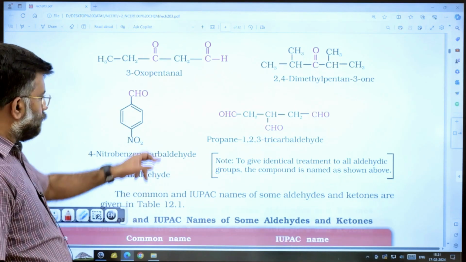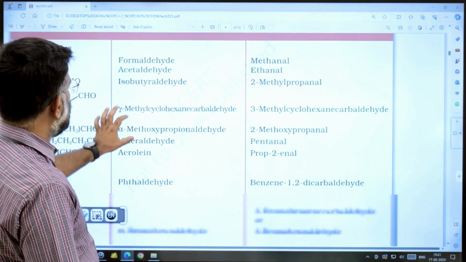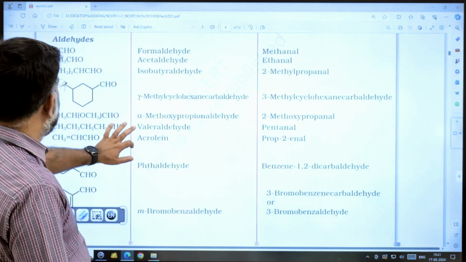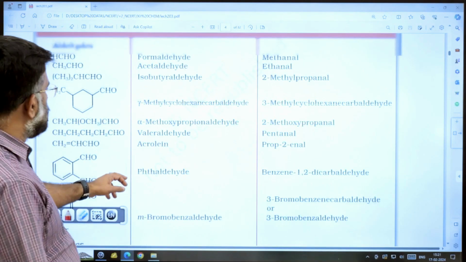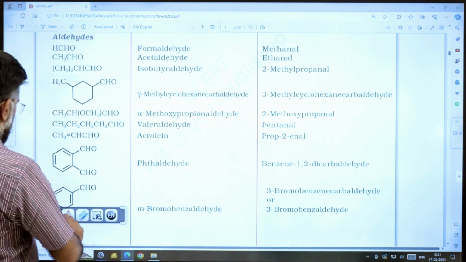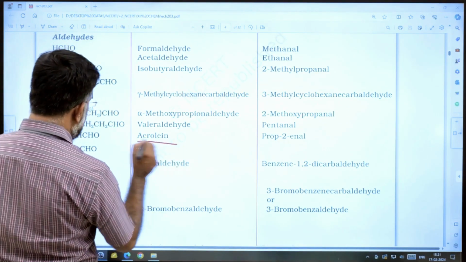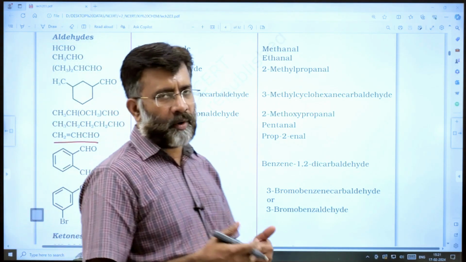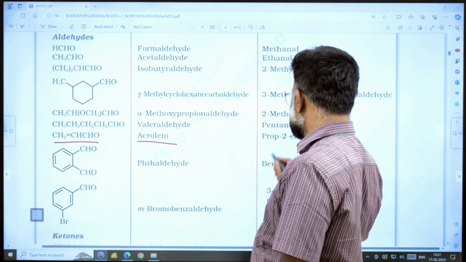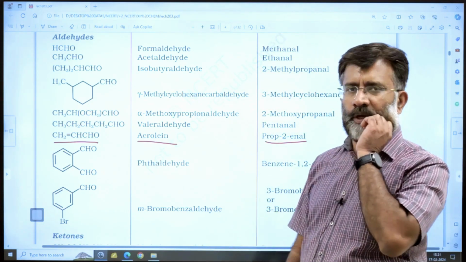And there are more examples in the table also. All are known examples only. So you may try practicing all these. Just have a look at acrolein, propenal. Not necessarily do you give prop-2-enal.